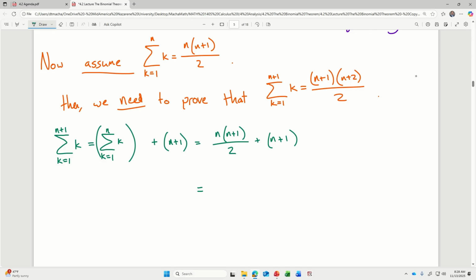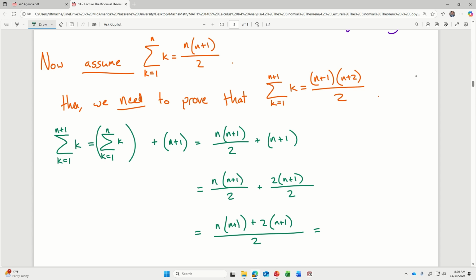And then I'm adding with a fraction, so I need to find a common denominator. What it would look like to find a common denominator is like this. So I've got n times n plus 1 plus 2 times n plus 1, all divided by 2.